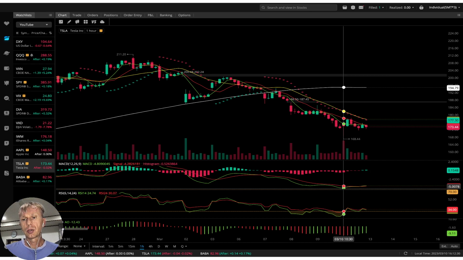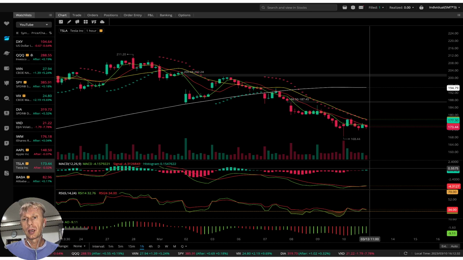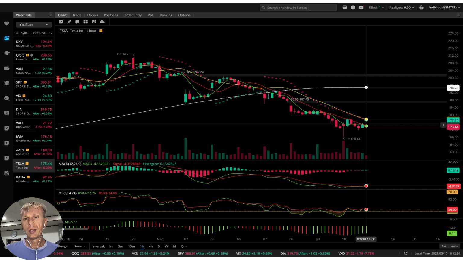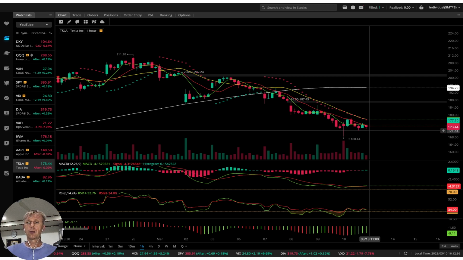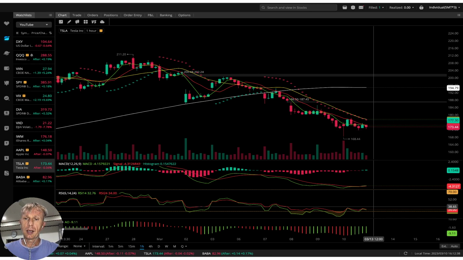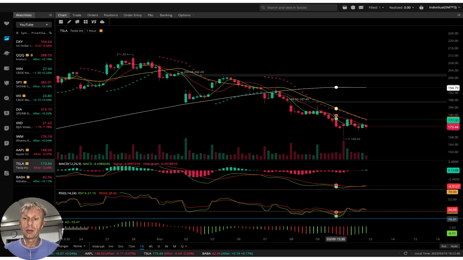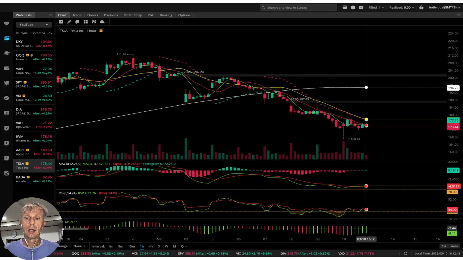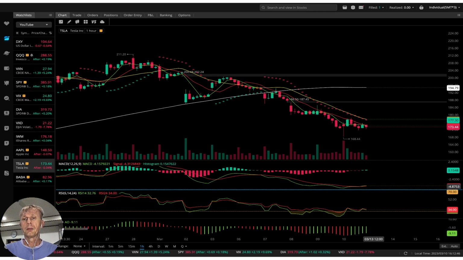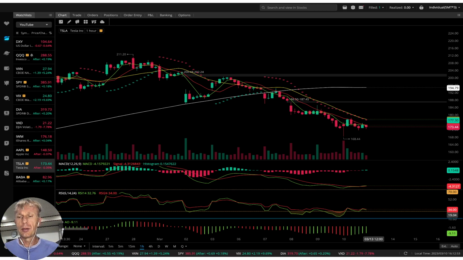MACD did bullish crossover. MA5 still below MA10, no bullish crossover yet. RSI bounced from the oversold territory, also oscillator green. Looks like on 1 hour time frame it wants to have some bullish correction. Still bearish. On 2 indicators bullish, on the rest still bearish.